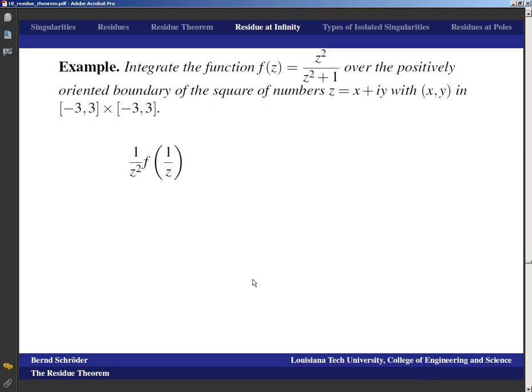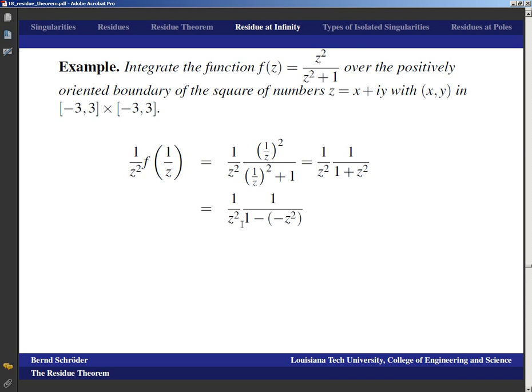And this time, however, we would look at the function 1 over z squared f of 1 over z. And that's 1 over z squared, (1 over z) squared divided by (1 over z) squared plus 1. Multiplying with z squared on the bottom gives us 1 over 1 plus z squared, and the 1 over z squared comes down from the top. There's a variety of ways to do the algebra, but that's what we get.